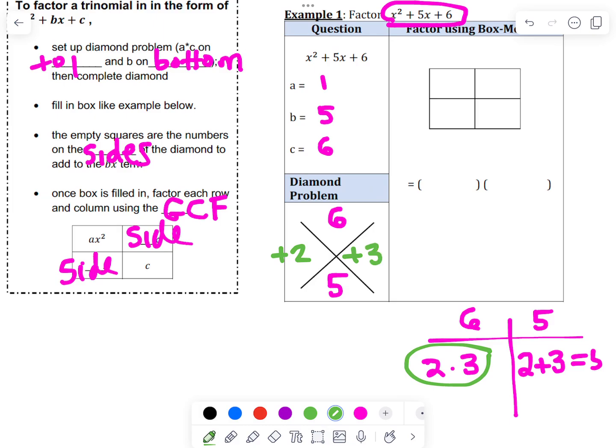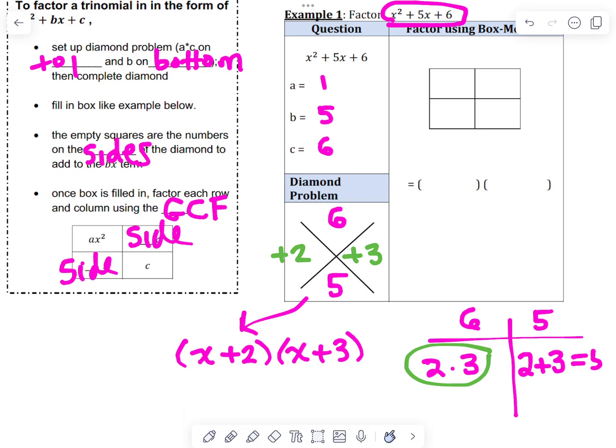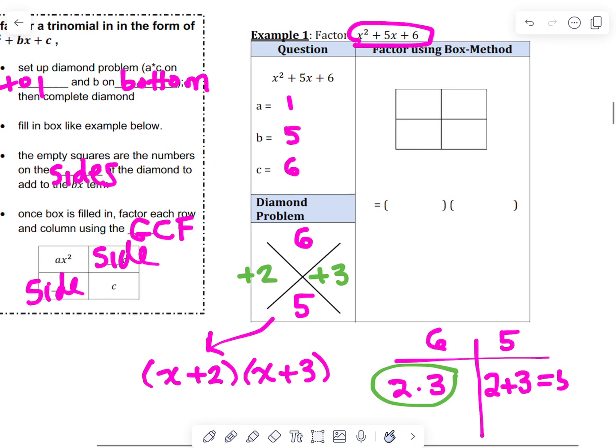Now I'm going to go ahead and set up my box. So in a previous example, we factored this quickly with x plus 2, x plus 3. What I'm going to do is set up this box to show you, because this is going to lead into when our A is not 1.